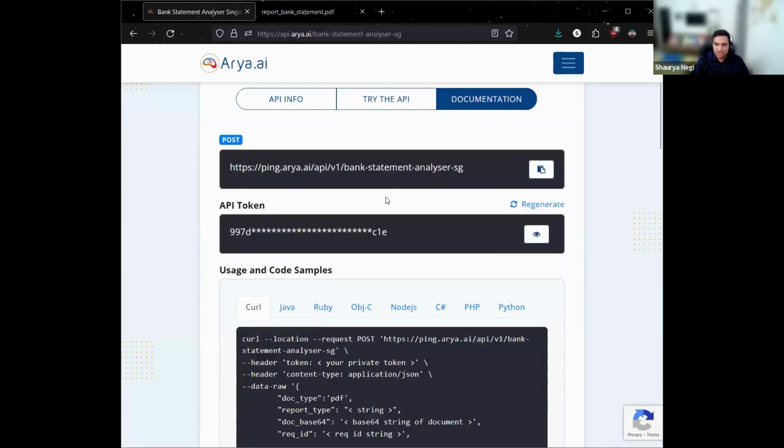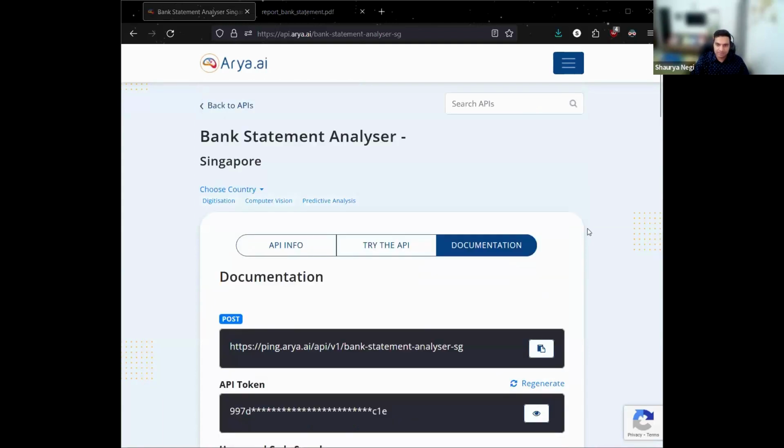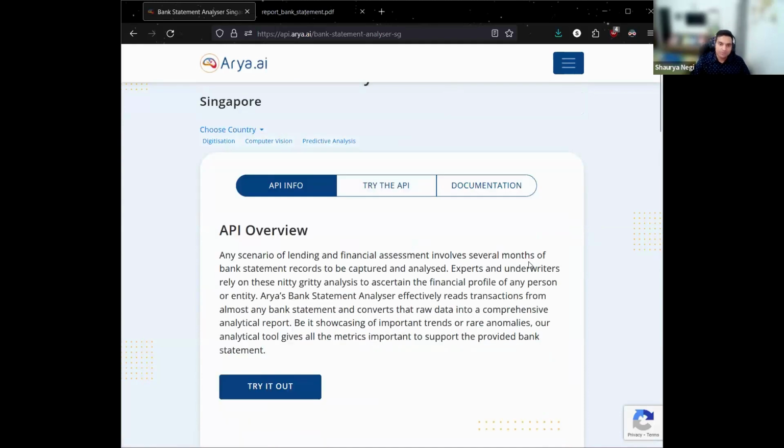Another question I had is, can we actually implement the bank statement analyzer for different regions? For example, we are talking about Southeast Asia here, or any bank which I might not have mentioned, or any bank statement of any country.